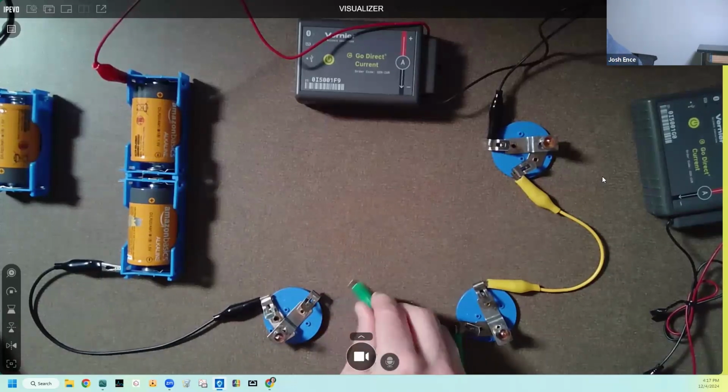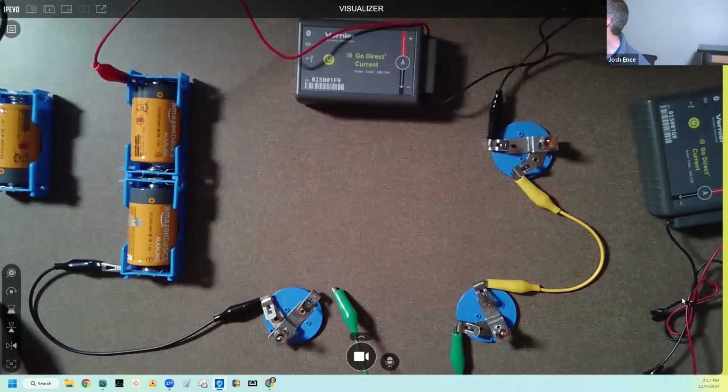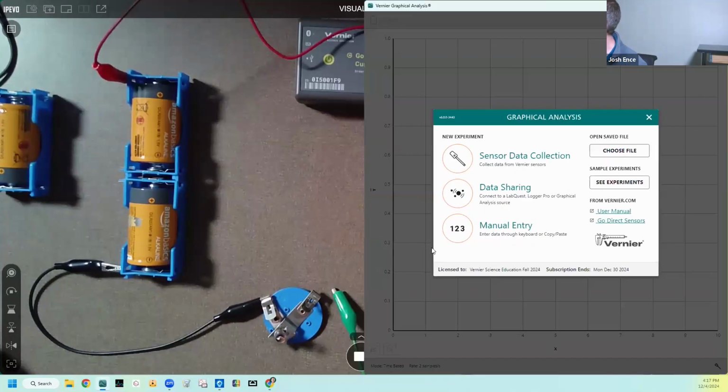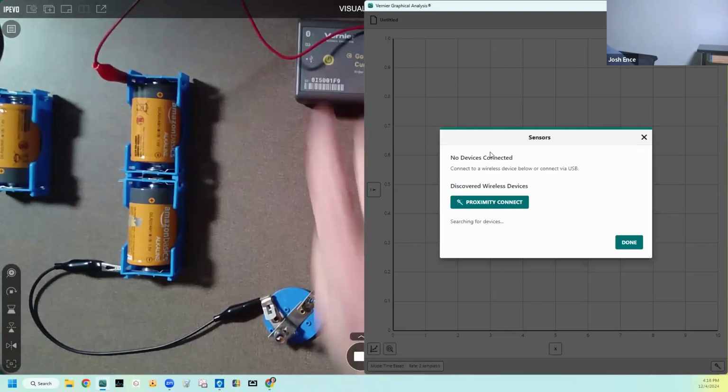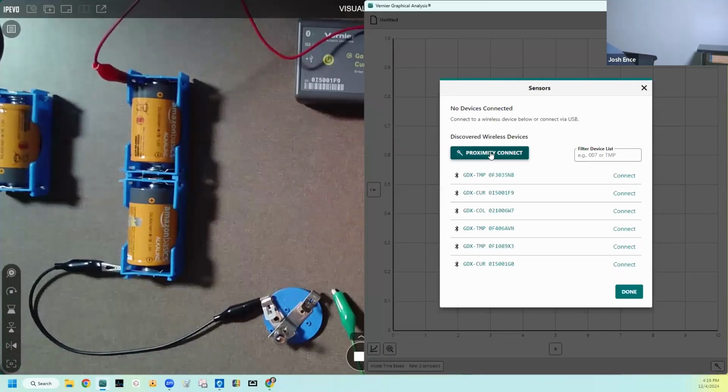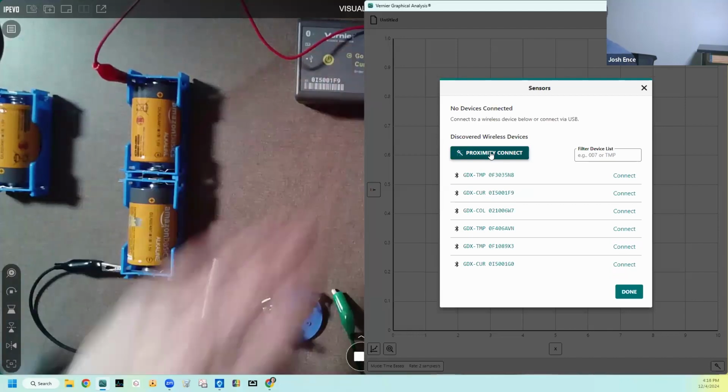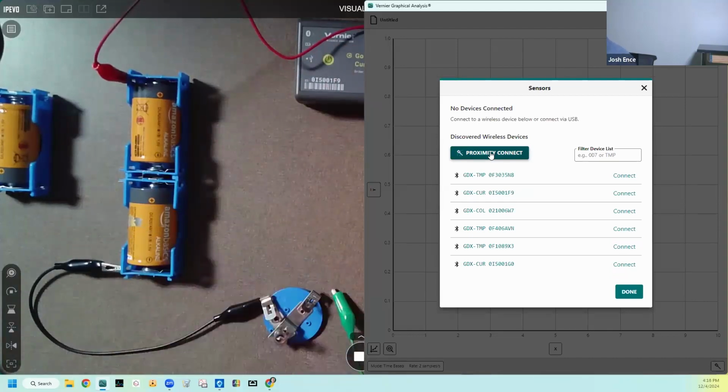I'm going to connect to graphical analysis so you can see what my current probe is reading. I'm going to disconnect this guy for now. And I'm going to go to graphical analysis here, and I'm going to search for my 2 current probes. I have one that's my test probe, and then I have a second one here that I'll use to do my investigation.